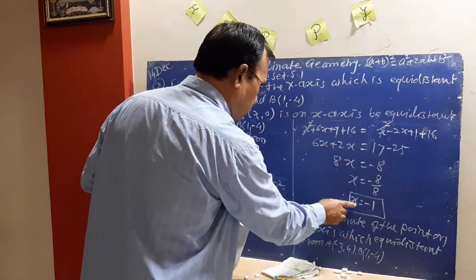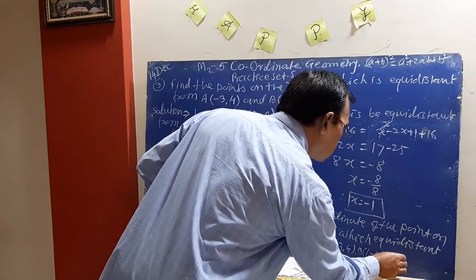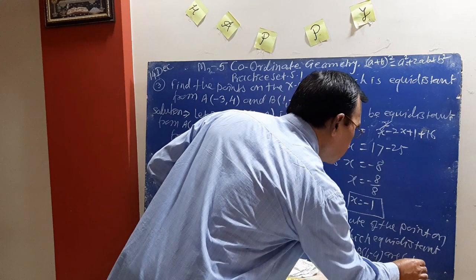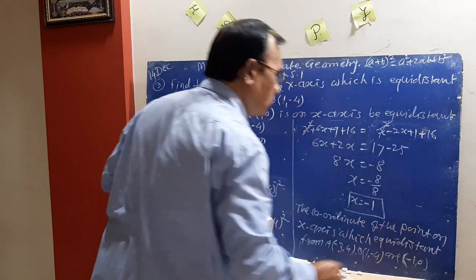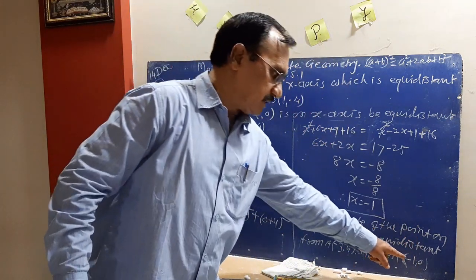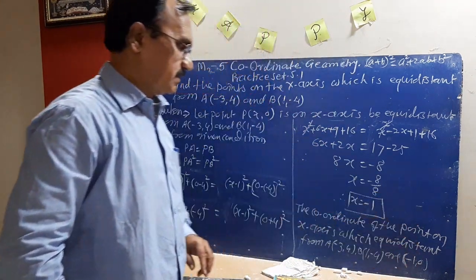The value of the x coordinate is minus 1. (-1, 0) is the required coordinates of the point which lies on the x-axis.